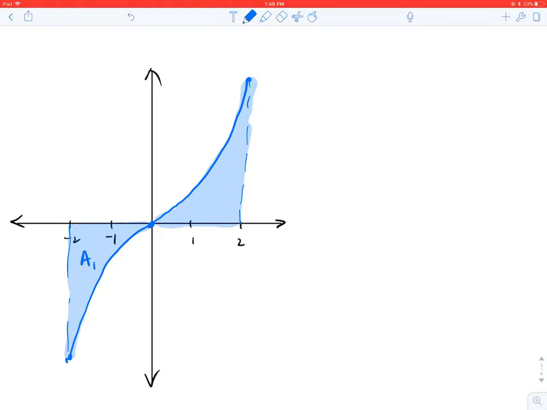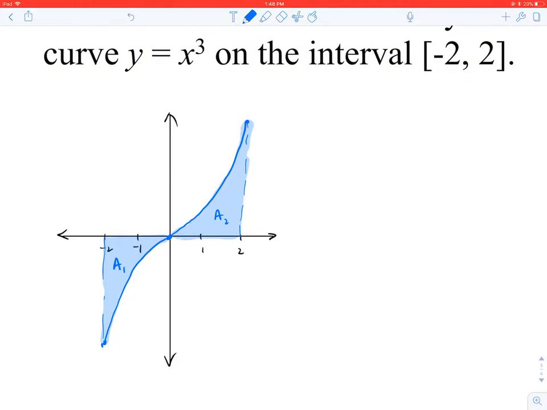So we're going to have to break it up. I'm going to call this area 1 and this area 2. So again, the total area will be the sum of those two areas.